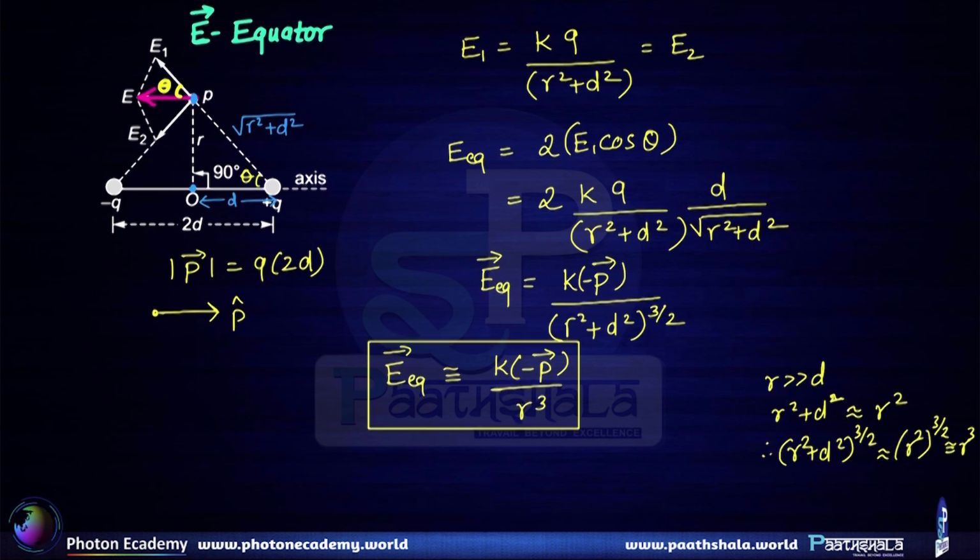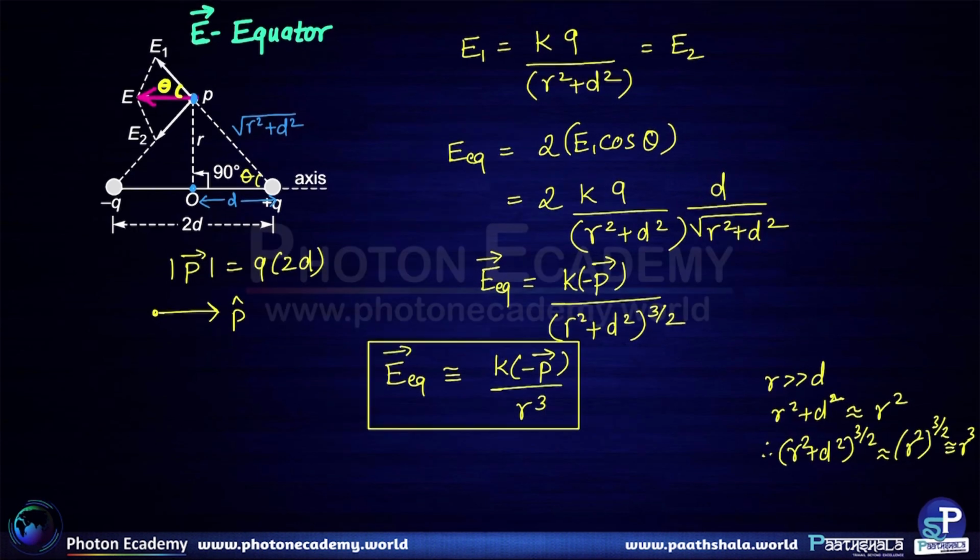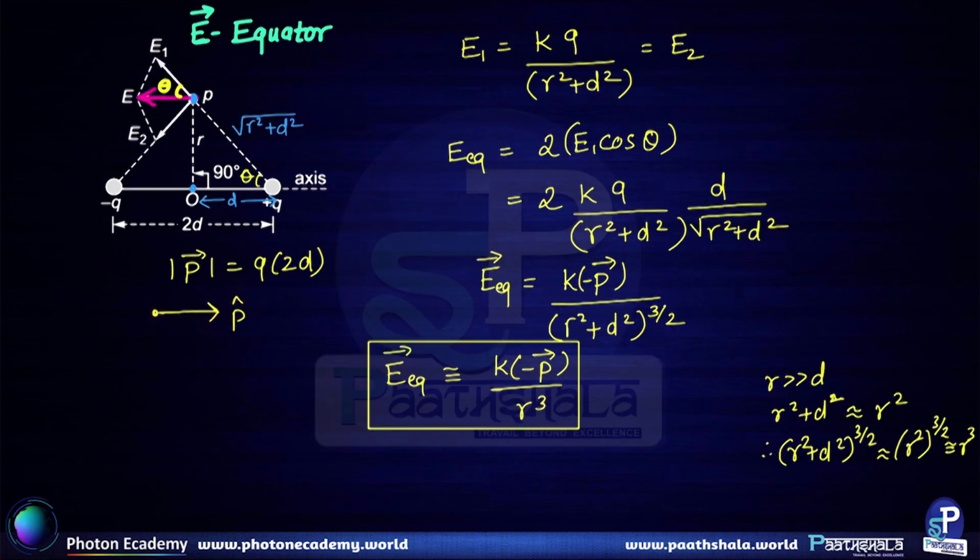If we want to write this vectorially, we can see that the net electric field points towards the left, that is, it points from the positive charge to the negative charge, which is exactly opposite to the dipole moment vector. The unit vector points from the negative charge to the positive charge, along the direction of the dipole moment vector.